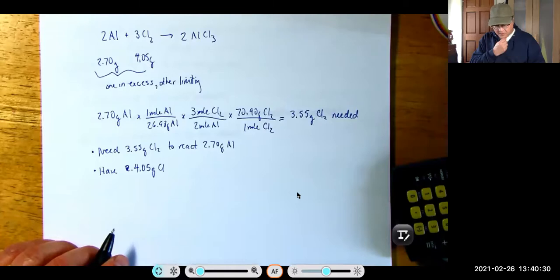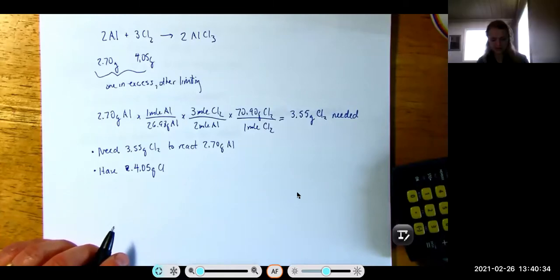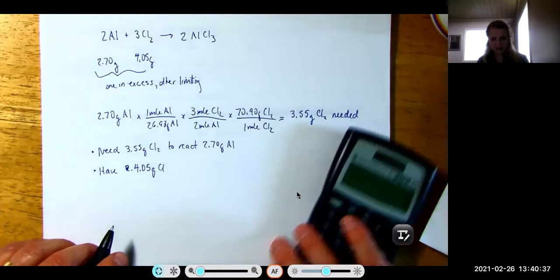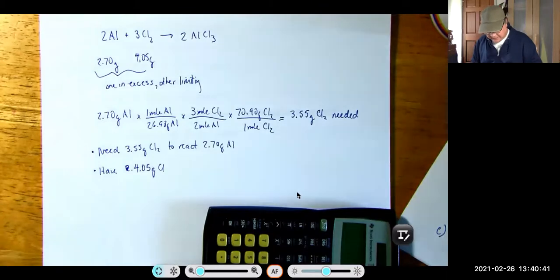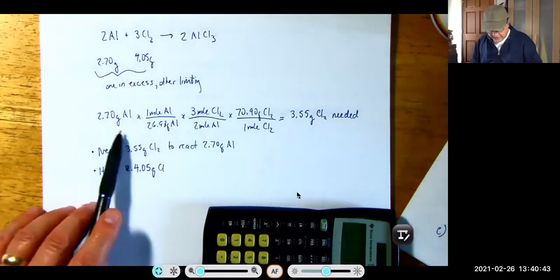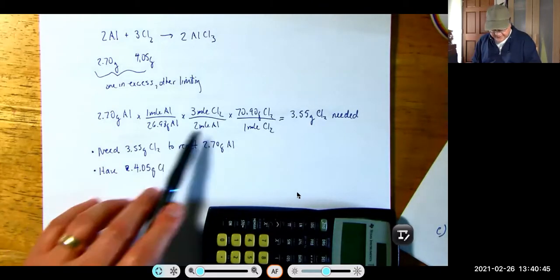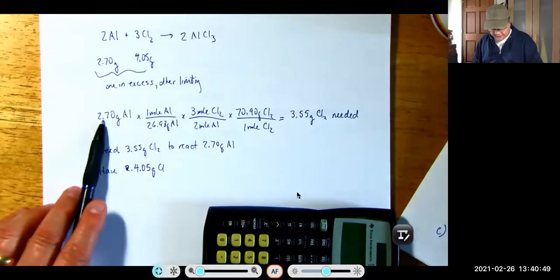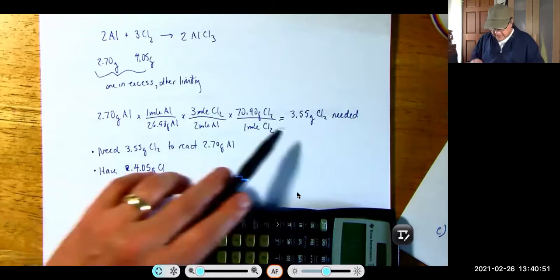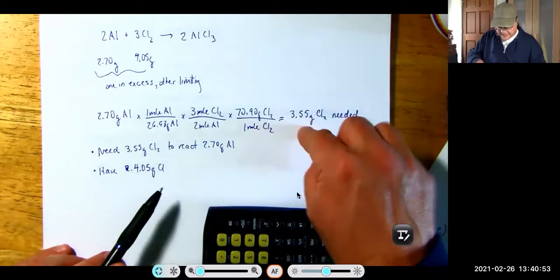This isn't coming out the same way as the other problem. And I'm trying to figure out why now. So let's see. It's probably my using the calculator. 26 will go into that almost 3 times. 3 times 3 is 9, times that is 30, divided by 2 is 15. I don't think I got that number correct.